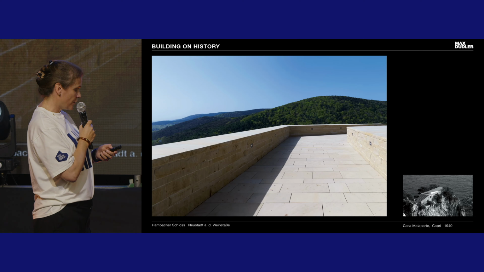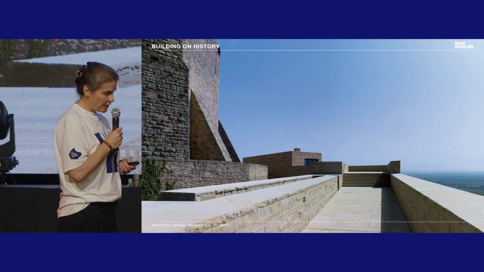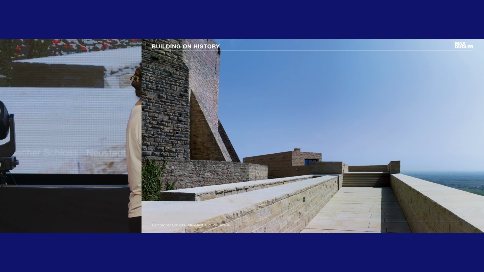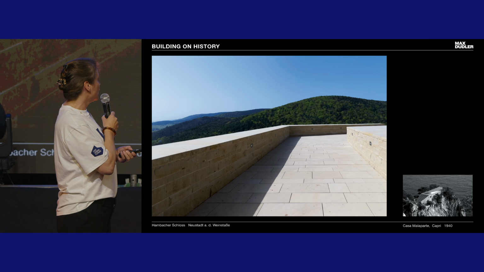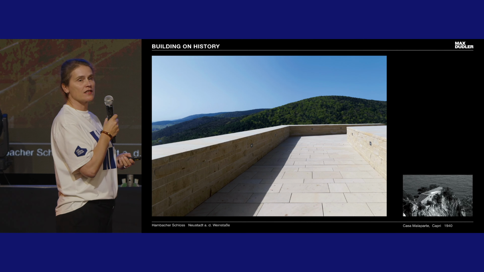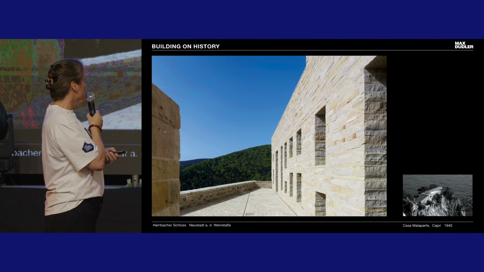For the addition, we put the functions in between the defense walls, like a terrace or the walkways, and you always have these beautiful views into the landscape. And we did it as well with the building structures.